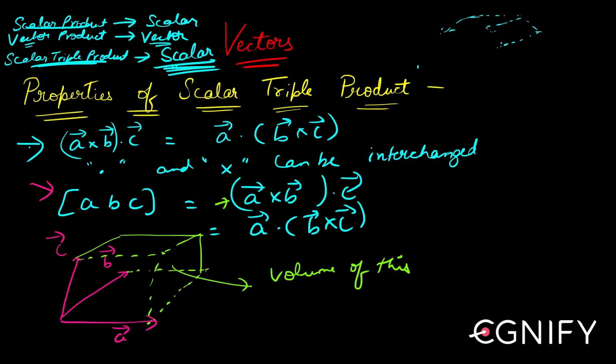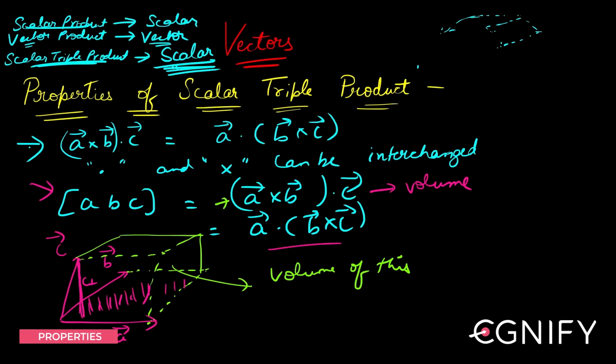Let's look at what A cross B dot C is going to give me. So A cross B, first of all, is giving me the area vector of this base, and then when I dot it with C, that means I will multiply it with this C perpendicular, this edge, right? And when this area is multiplied with this C, I get the volume. And that's how I'm getting the volume of this parallelepiped.